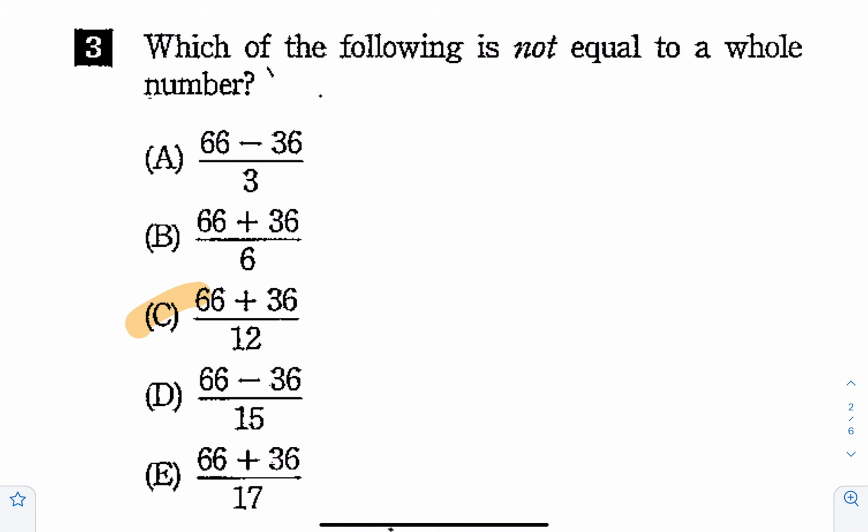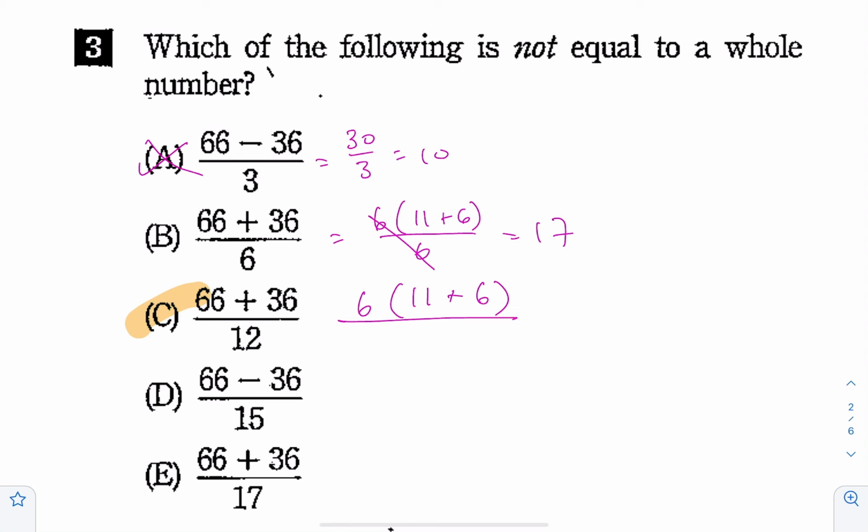Next, for number 3, which of the following is not equal to a whole number? So you just have to go through all the choices and see which one's equal to a fraction. For A, you get 66 minus 36, or 30 over 3, which is 10. So that's a whole number, so that's not the answer. For B, you can factor out 6 from both parts of the numerator, which will give you 11 plus 6. And once you divide by 6, you get 17. For C, if you factor out the 6, you get 6 times 11 plus 6 over 12.